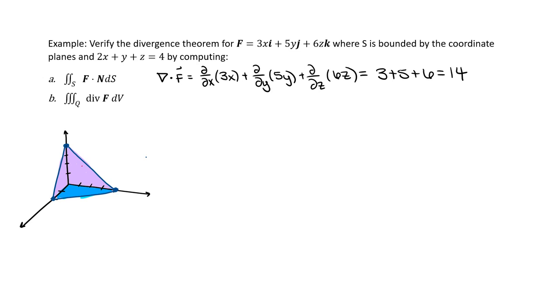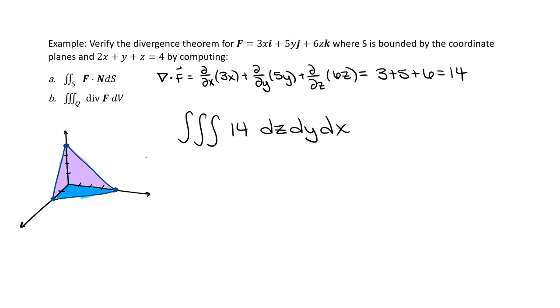Let's see, I got 3 plus 5 plus 6. That's 14. So that's nice. My divergence is relatively simple. It's just 14. So I'm going to be integrating 14 over the volume of the region drawn.